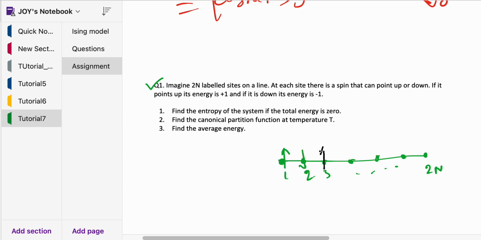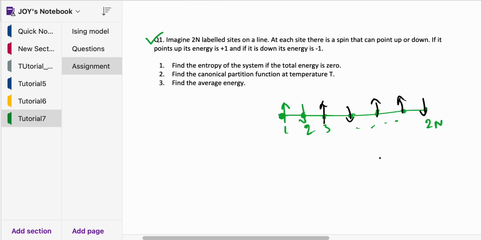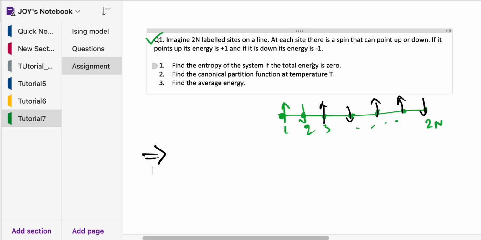So any configuration it takes: up, down, up, down. Now it is asked, find the entropy of the system if the total energy is 0. From the question we know that if a spin is in up direction it possesses energy +1 and down direction it possesses energy -1. That means for total energy to be 0, we need exactly equal amount of upward spin and downward spin.